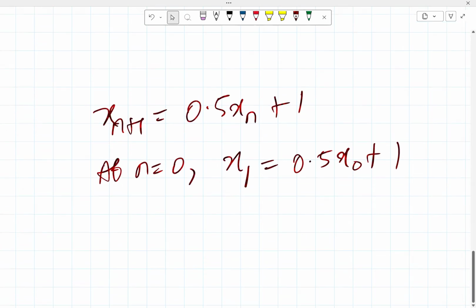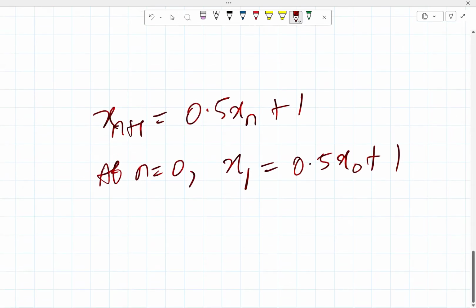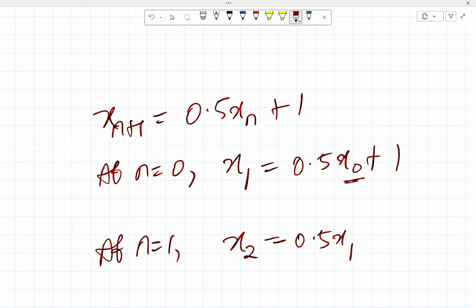And of course, if you have a value for x naught, you can plug that in. Then you go next to n equals 1. So at n equals 1, you then have x2, since 1 plus 1 is 2, equals 0.5 x1 plus 1.